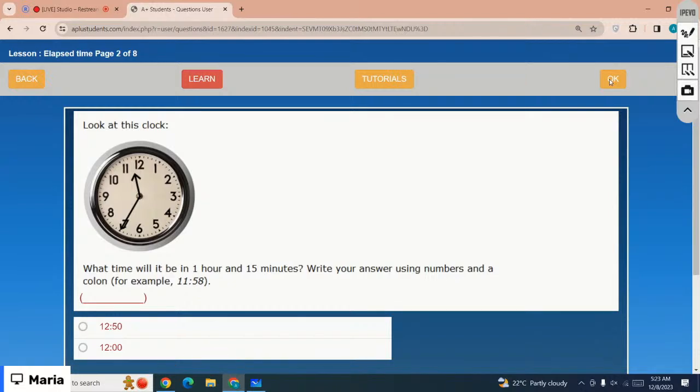Okay, look at this clock. What time will it be in 1 hour and 15 minutes? Write your answer using numbers and a colon. So, which is the correct option?